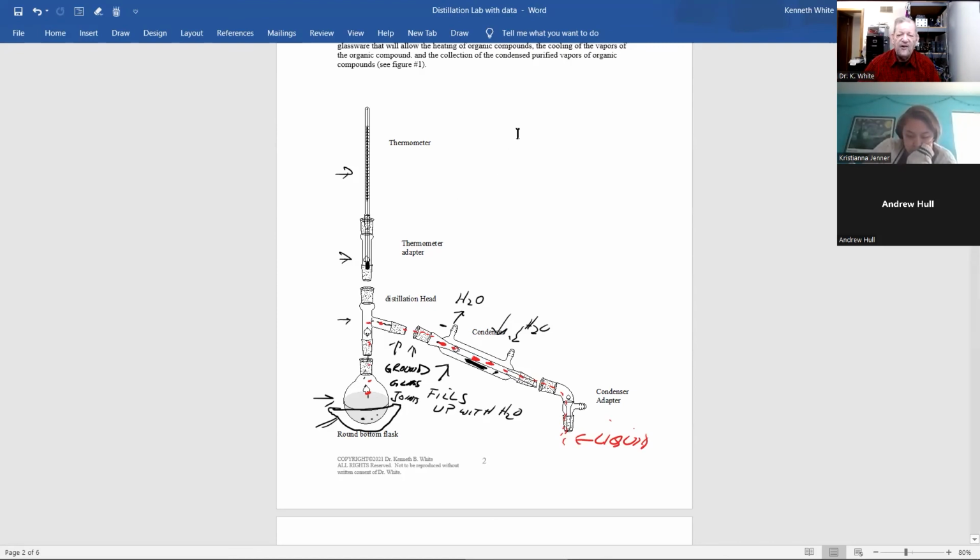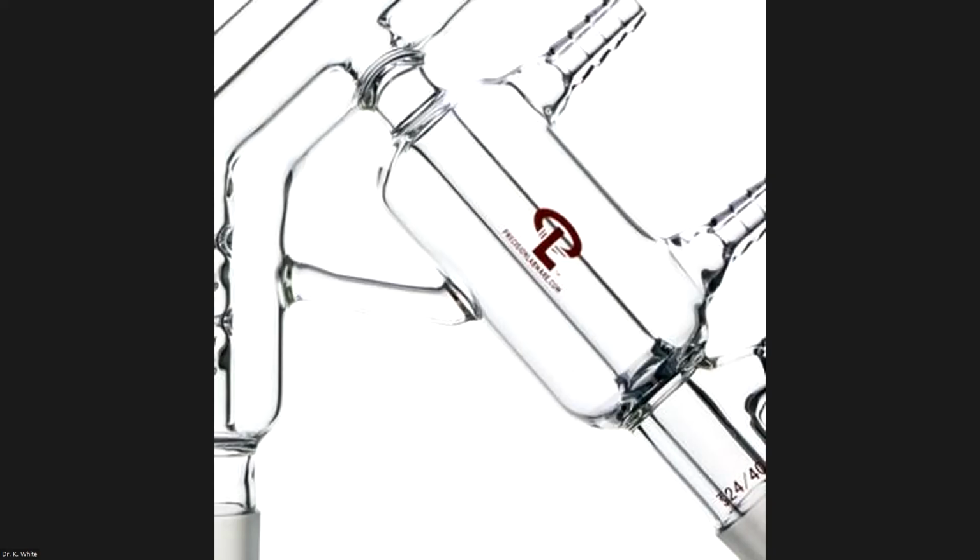Now, one thing, I don't know if you've noticed, I'm Dr. White. Hopefully you noticed that. But if I turn off my video, you see the picture there on your screen now? What's that? It's a one-piece condenser distillation head. And here's one real time. No, I didn't steal this from ECC.